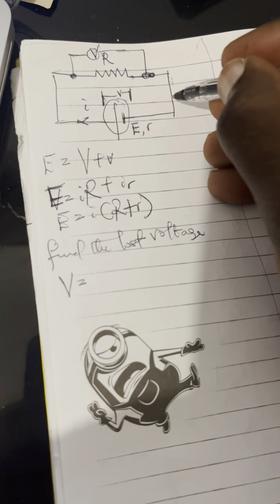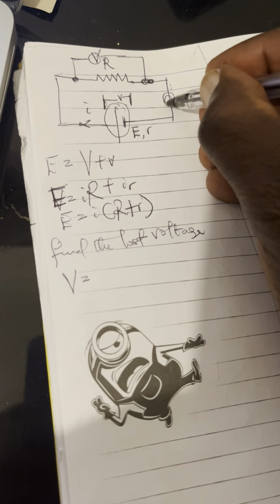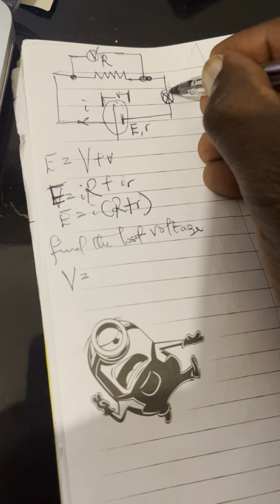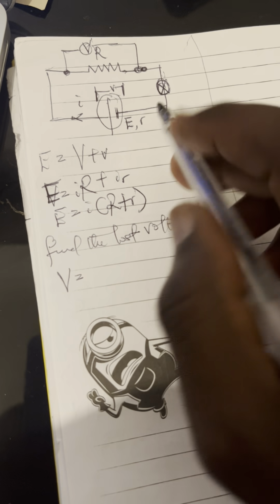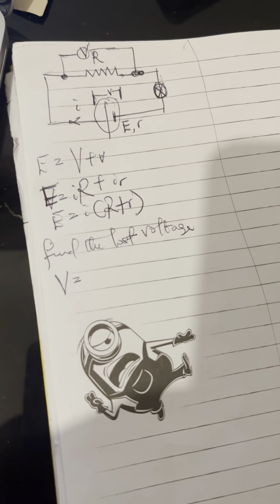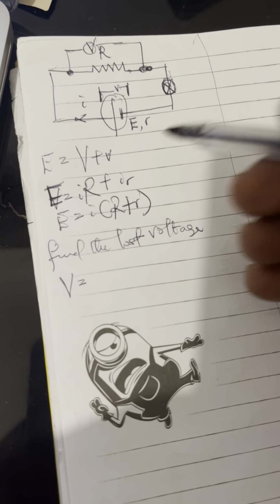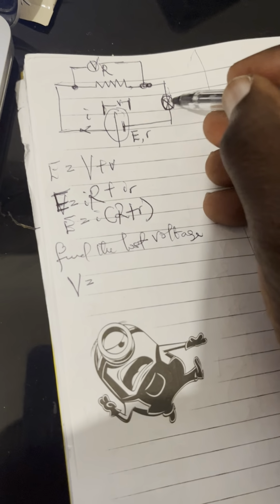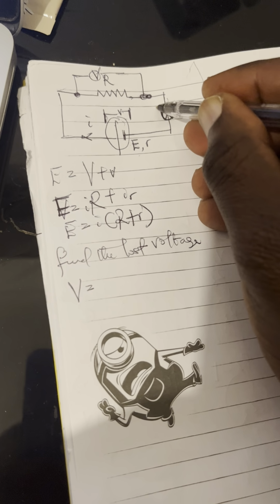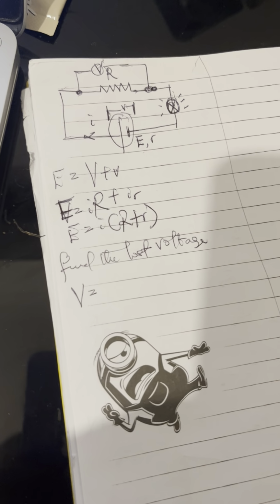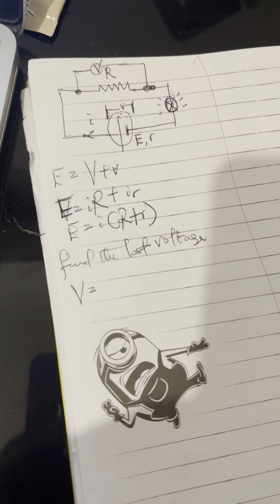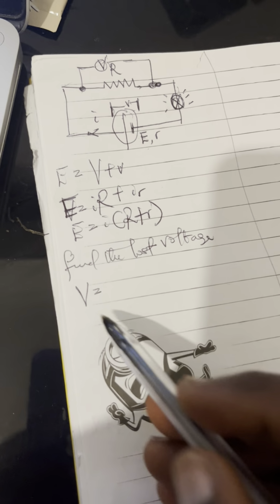Take for example, if you connect a lamp here. As time goes on, as this battery is being used, the driving force to light up this lamp becomes weaker, and the lighting becomes dimmer. Why? Because there is a lost voltage.